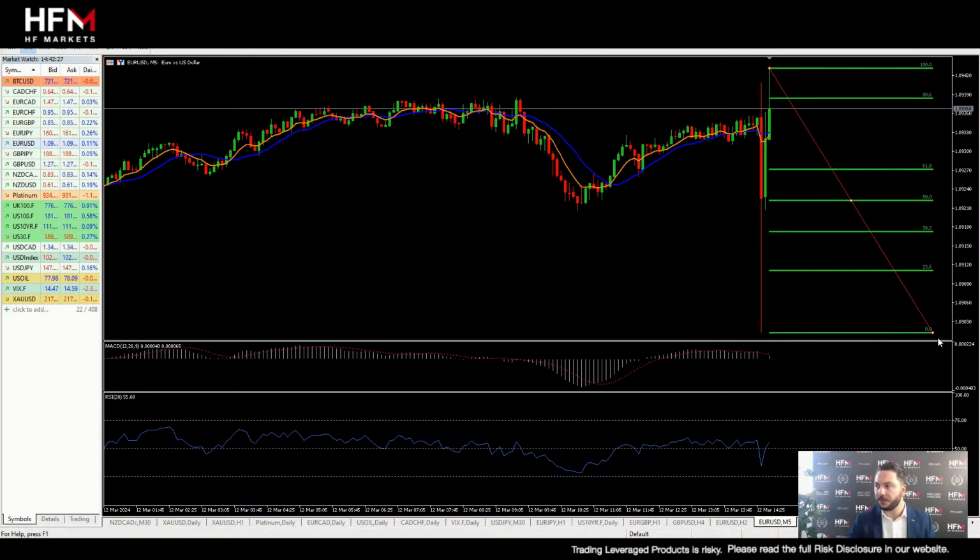So for example, here we can see the range of volatility. Now, if the price is remaining above 50 on the volatility levels, then we can take into consideration that there's still volatility and there's still momentum upwards. But when we're looking at the price dropping below the 50 level on the Fibonacci, then we can start to take into consideration that sellers are gaining control.